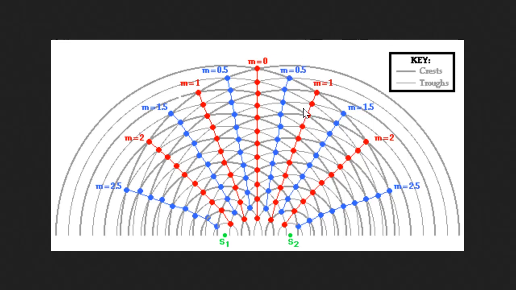Then you cross the m equals 1, then the 1.5, then the 2, and then the 2.5 line, and so on. So again, as you get closer, the path difference is actually greater. Way out here, although the paths are bigger, the difference in path is not. But the path difference actually gets larger as you approach the speaker.